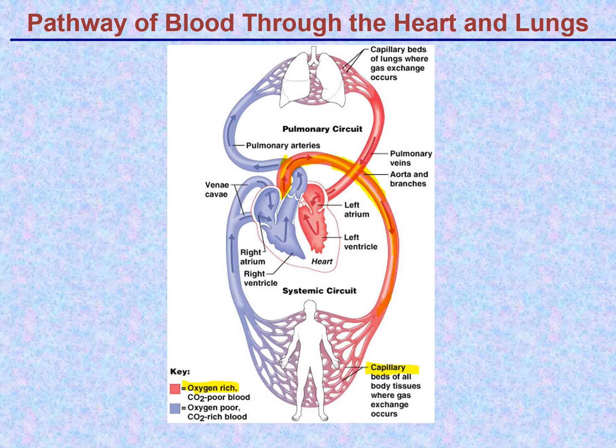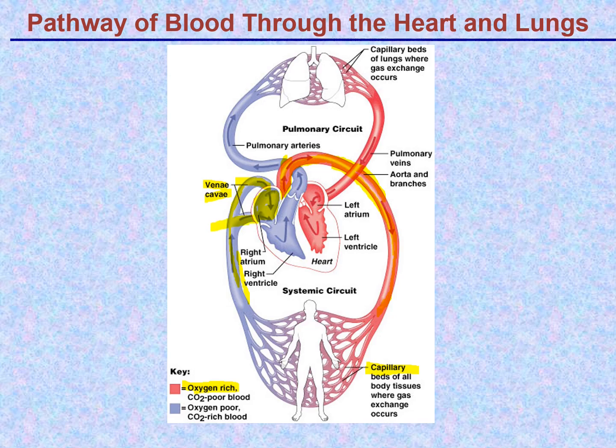The capillaries then lead to small venules, going to larger venules, and then veins, and they go back to the heart, and they enter the heart into the right atrium. So there's the right atrium. It's receiving blood from the superior vena cava and the inferior vena cava down here.